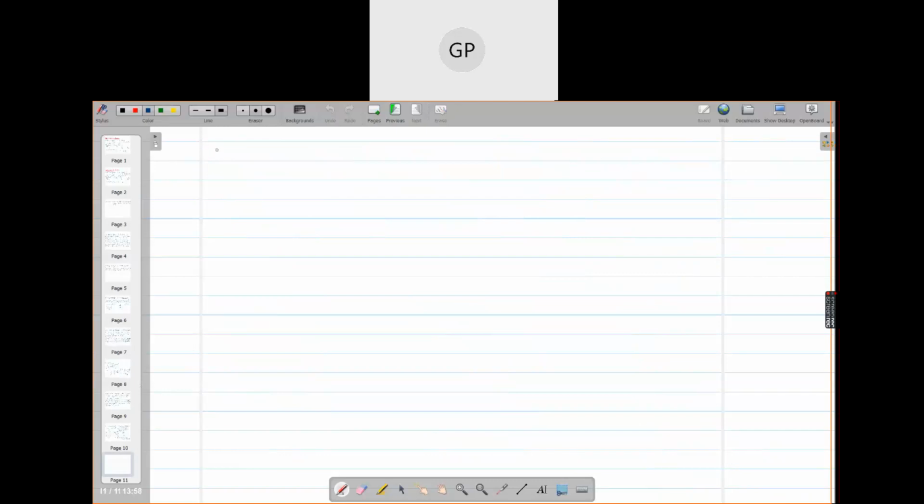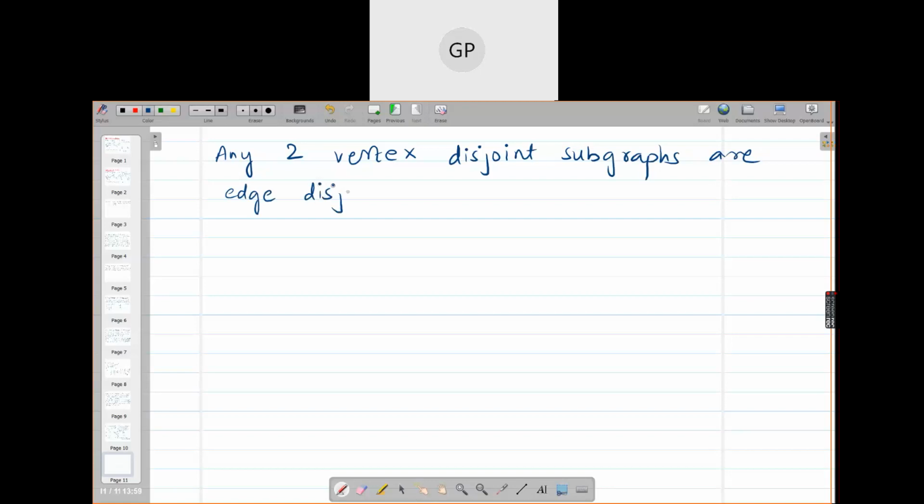So any two vertex disjoint subgraphs are edge disjoint subgraphs also.